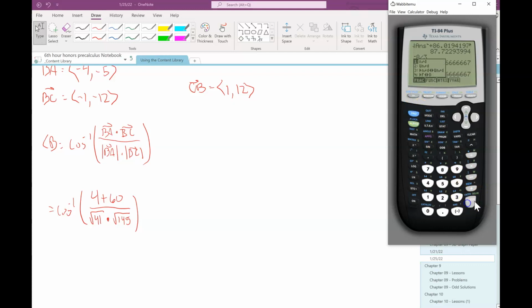So that's 64 over square root 41 times square root 145. So that's 33.90.